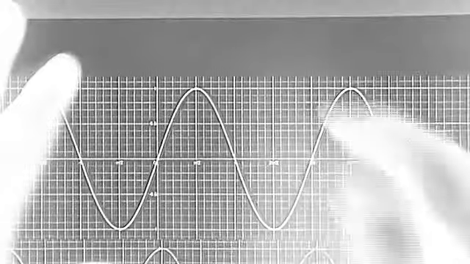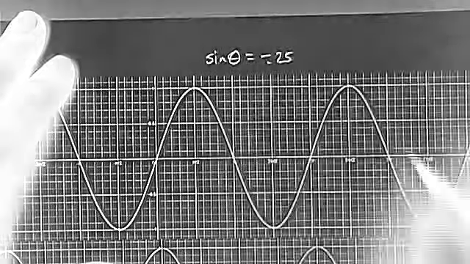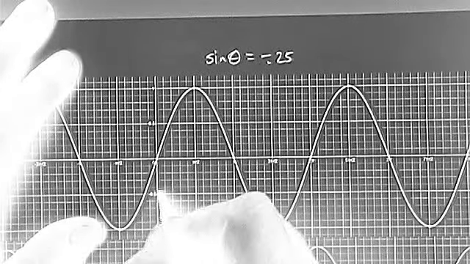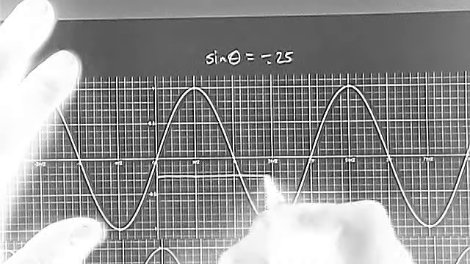Now, can we do things with negative values? Sure, we can do things with negative values. Okay, so sine theta equals negative 0.25. The hard part about it is that it's kind of right in the middle here.